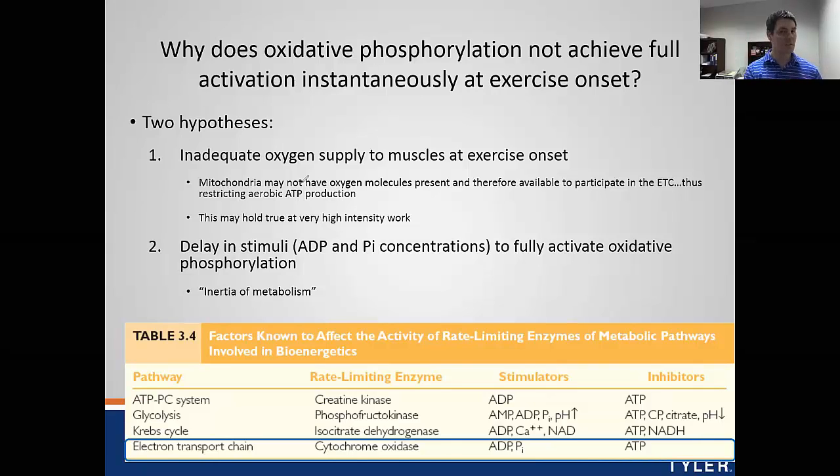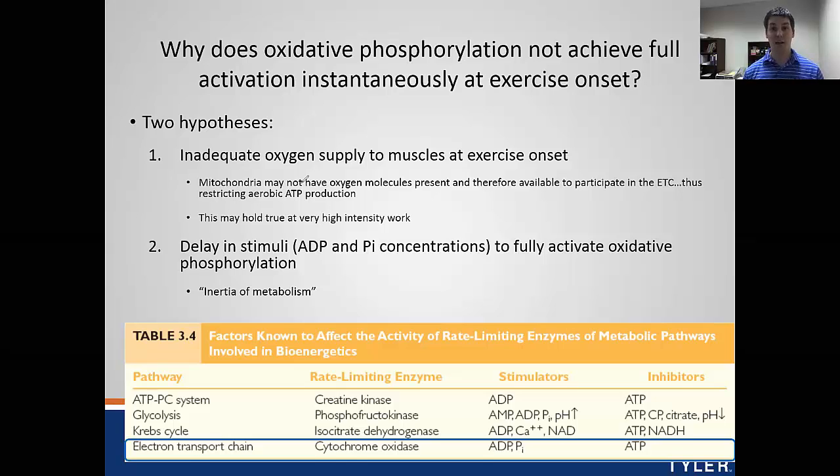It would love to go through the Krebs cycle, love to produce NADH, FADH, shuttle those to the electron transport chain, and have oxygen act as the final electron acceptor. However, if we don't have this abundance of oxygen, that process comes to a slower rate than what we need, right?